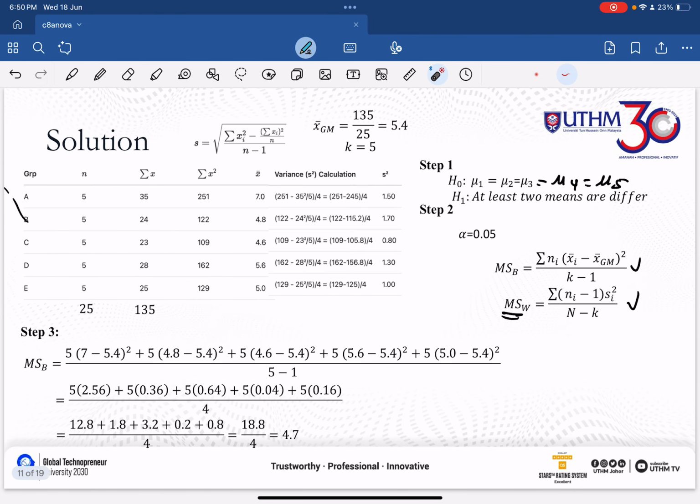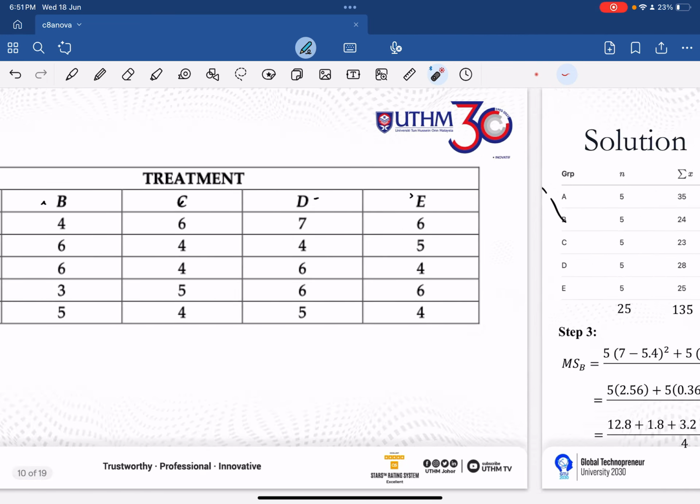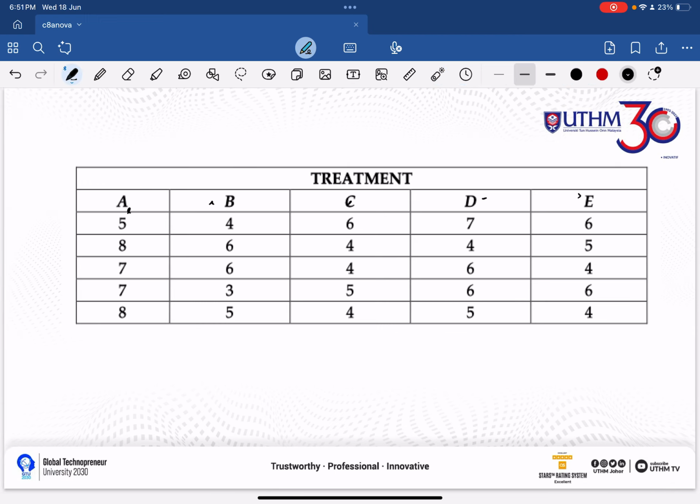If you see in this table, I already assigned up to 5 rows. For every group, let's say group A, we have 5 data. So for the summation of data, where did I get 35? 35 comes from 5 plus 8 plus 7 plus 7 plus 8. So here the summation is 35. Same goes for this 6, 10, 16, 19, 24.